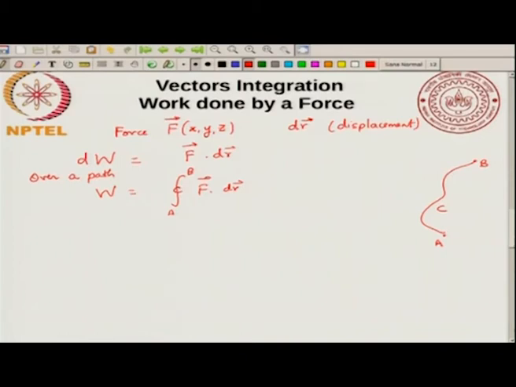I have just explicitly specified the endpoints A and B. This is the most common application of vector integration that you will see in chemistry. There are also many such examples in different areas of chemistry and also in engineering and other disciplines.